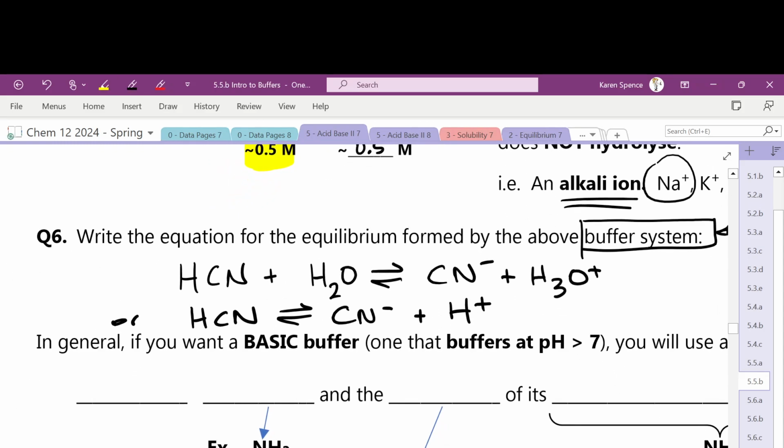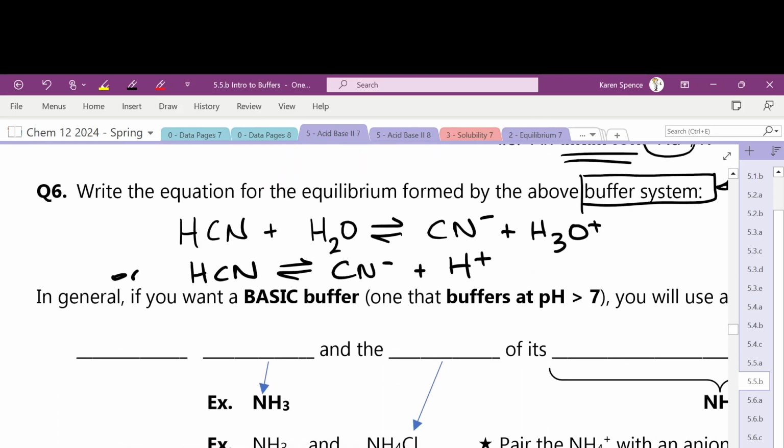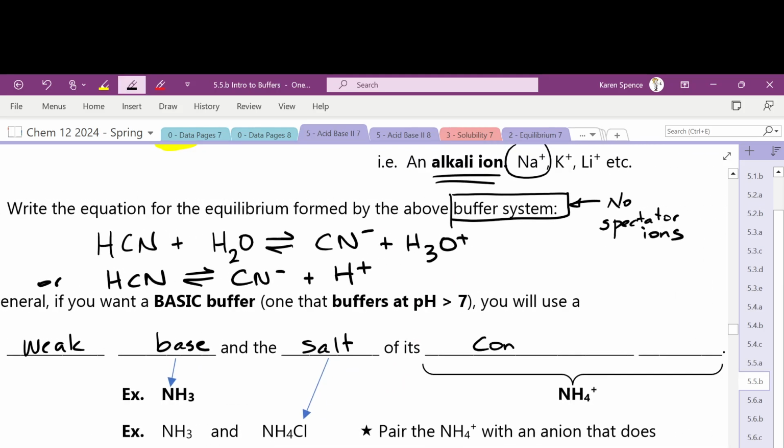Now, if you want a basic buffer, what do you think you would use? You would not use, in general, a weak acid and the salt of its conjugate base. You would use a weak base and the salt of its conjugate acid.